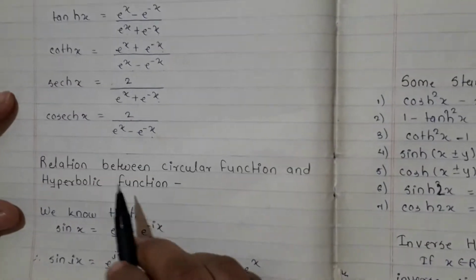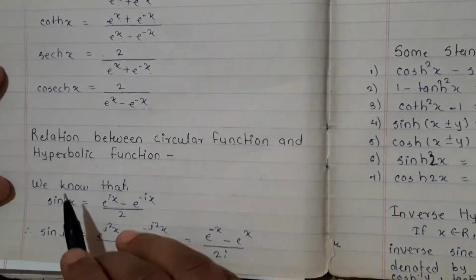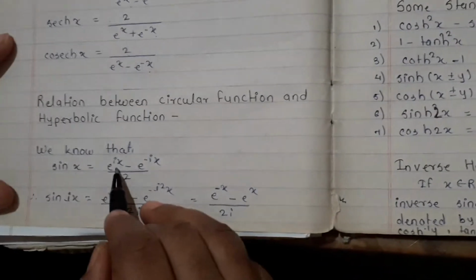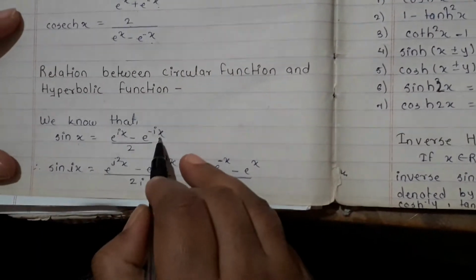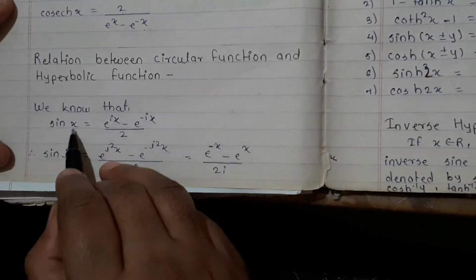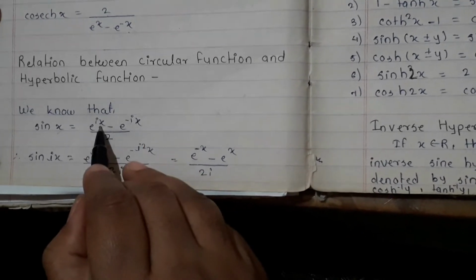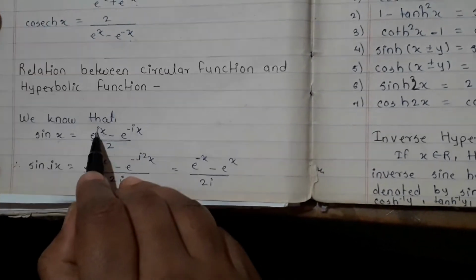So in this way we see the hyperbolic function, and now we see the relation between the circular function and hyperbolic function. As we know, sin x can be written in the form of e raised to ix minus e raised to minus ix by 2i. If in that sin x, x is replaced by ix, so what happens here? In that term also x is replaced by ix. When you replace x by ix, it becomes i square.